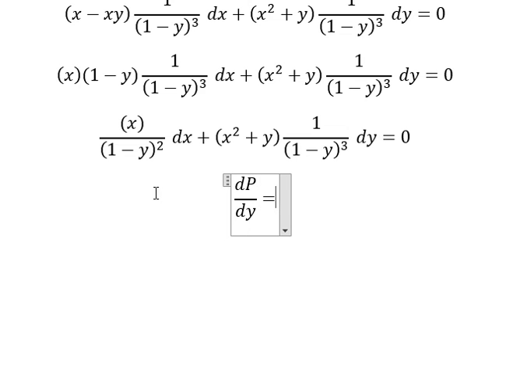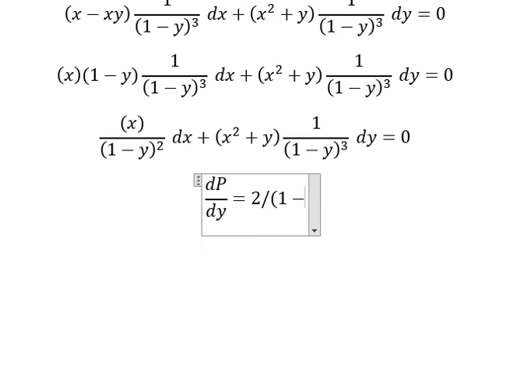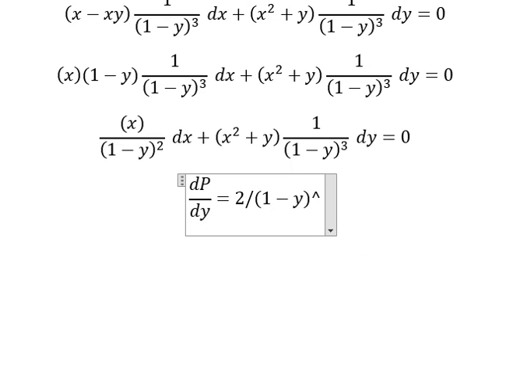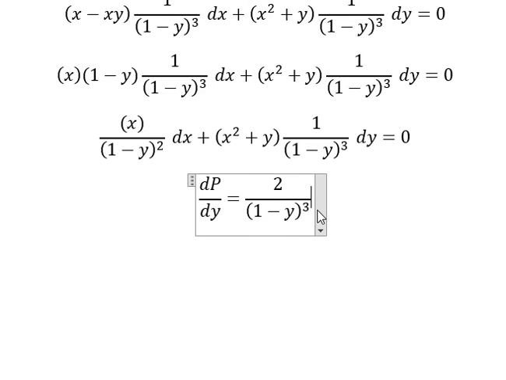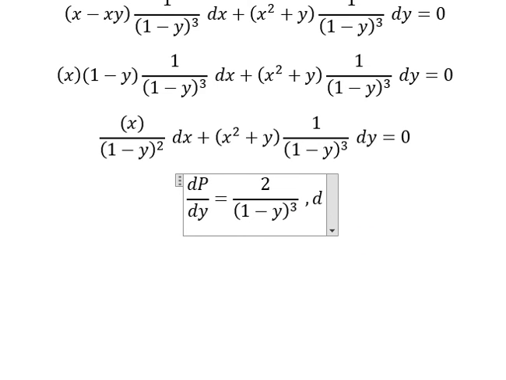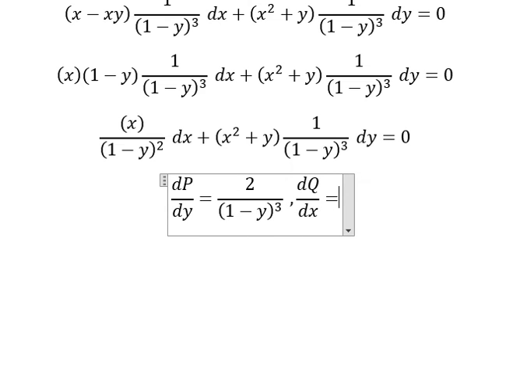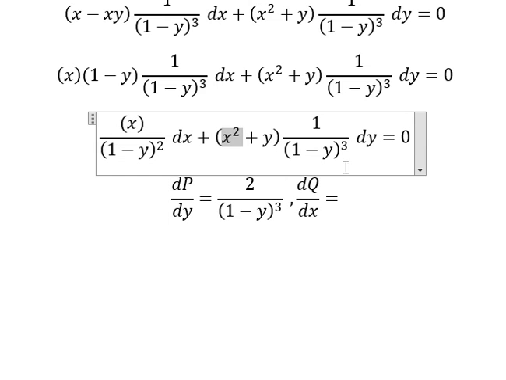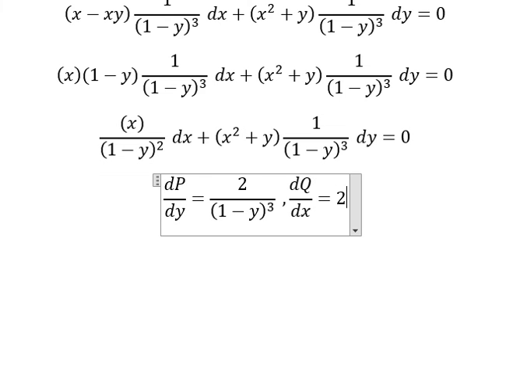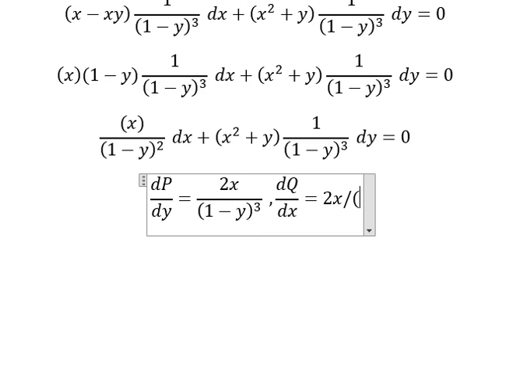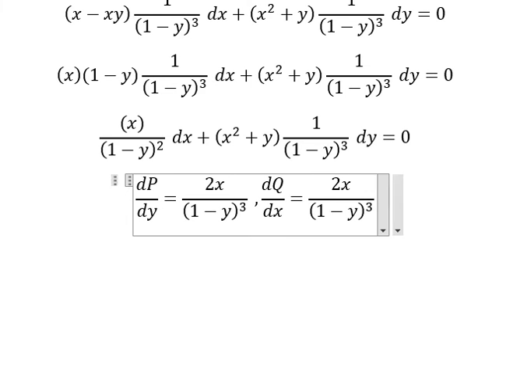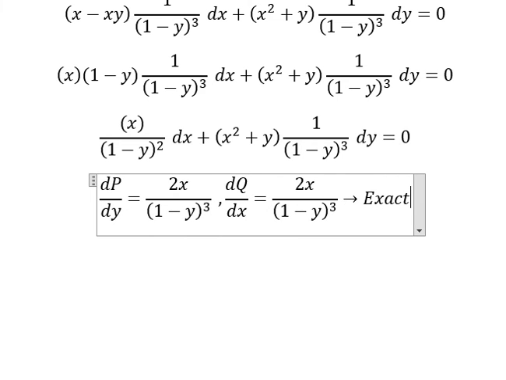You will have about positive number 2 over 1 minus y to the power of number 3. Next, we do first the derivative of q with respect to s. We have only s square in here, so we have 2s over 1 minus y to the power of 3. Now we see that this one is same with this one, so that is about exact.